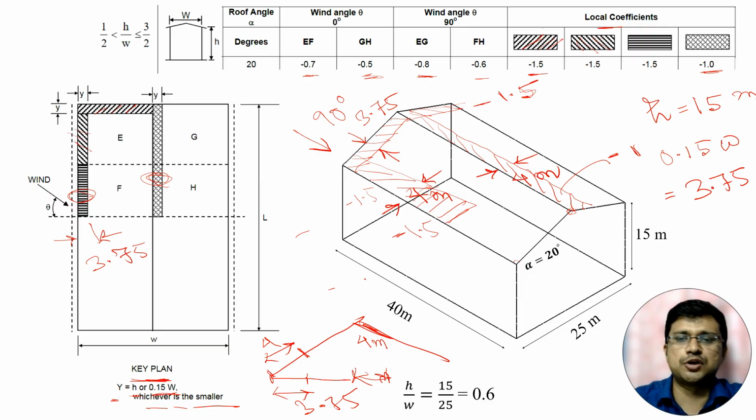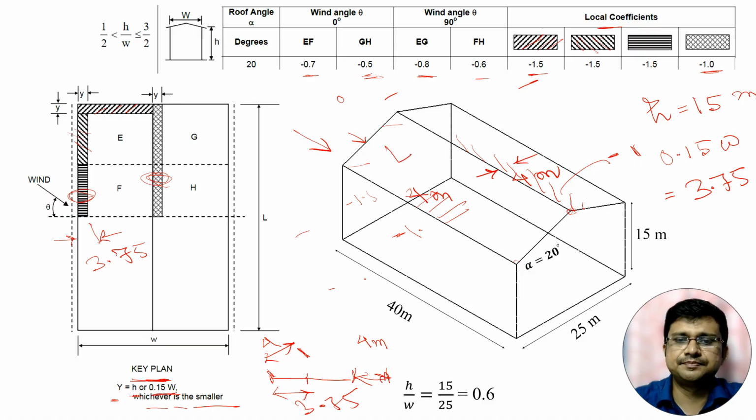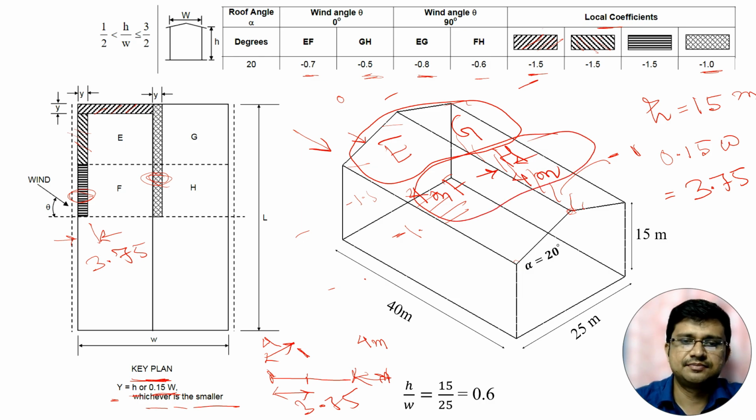Now another thing is also important. When wind is coming from 90 degree, we are saying this is Eg and this is FH. How much is Eg and how much is FH, our code has not clearly mentioned. It is only mentioned that this is Eg, this is FH.